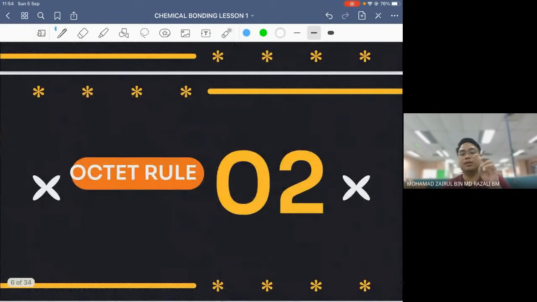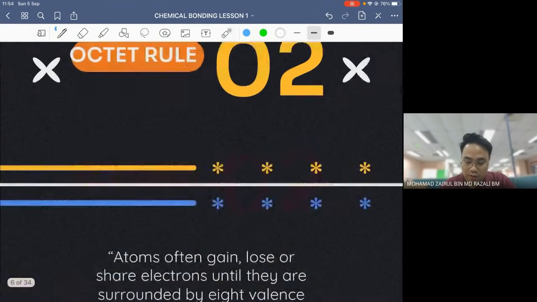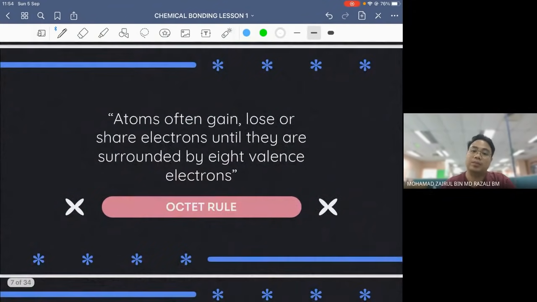Before we start in detail pasal chemical bond, kita akan belajar tentang octet rule. So octet rule by definition, atom nak achieve octet by either gaining, losing or sharing electron until the atom is surrounded by 8 valence electron.